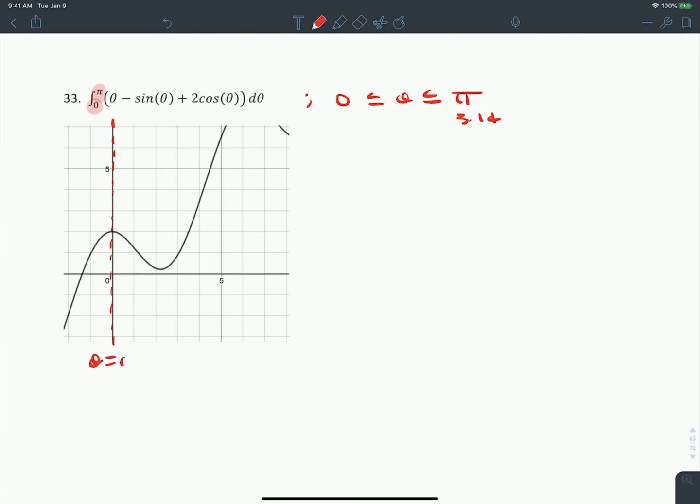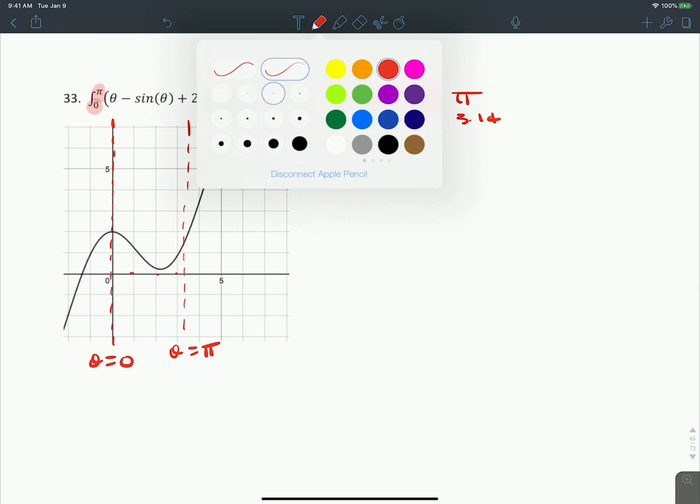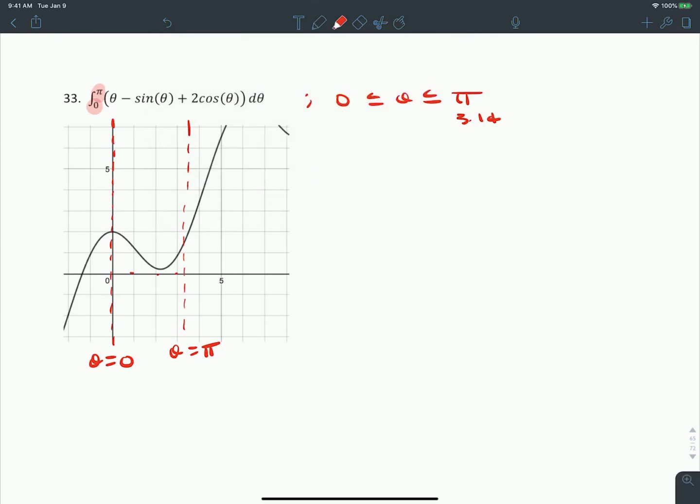This is the line, theta is 0, and about 3. We got 1, 2, 3, and a little bit more than 3. We're looking for area under this curve here. So that area there under that curve is positive because the curve is above the x-axis.